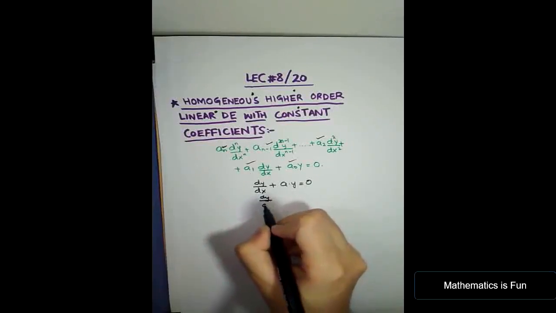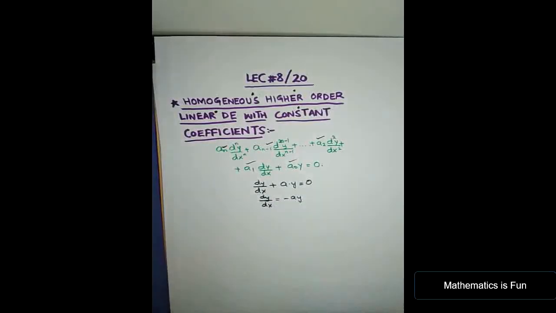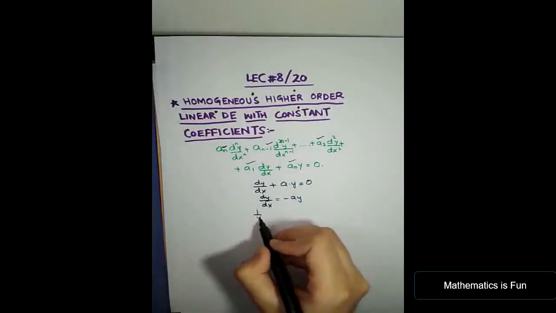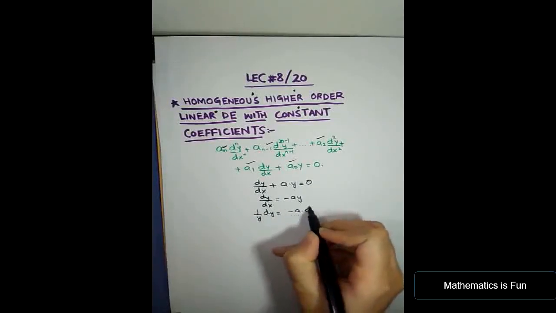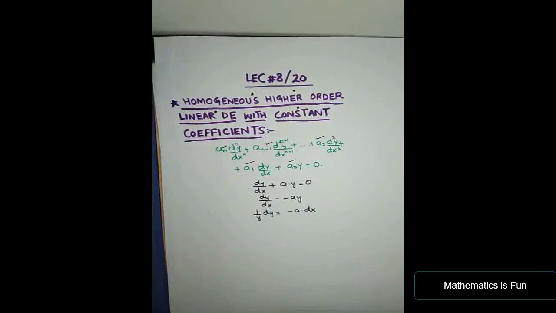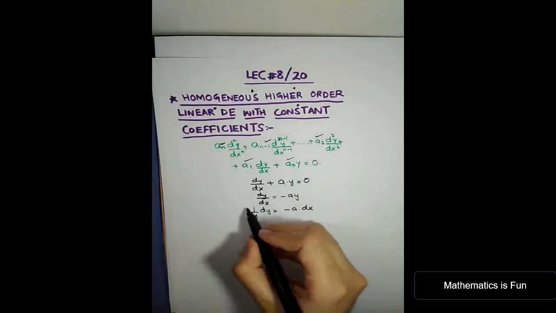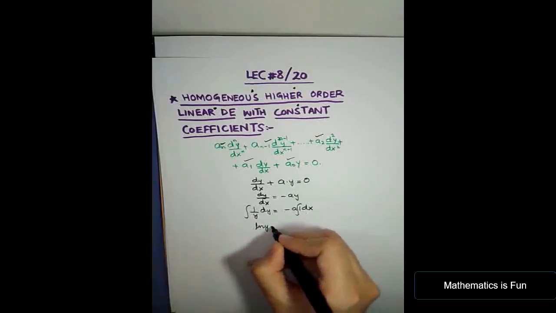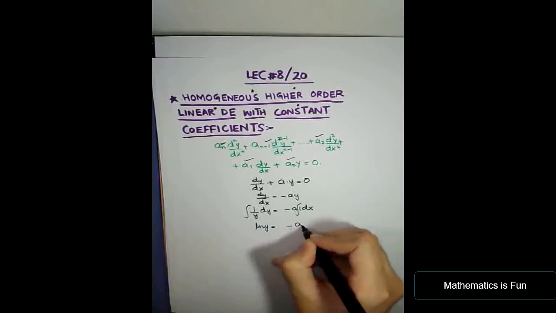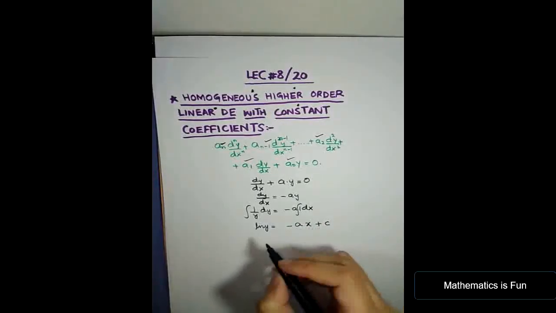dy by dx equals minus a y, so 1 by y dy equals minus a dx. Integrating both sides, natural log of y equals minus a x plus c.